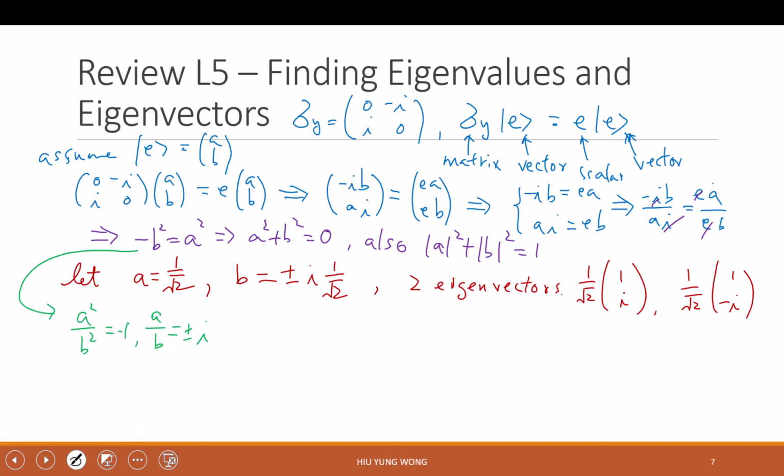So let me write it and then I remove it. I have a squared plus b squared equal to 1. And then I assume a equals 1 over square root 2. That is 1 over 2 plus b squared equal to 1, right? So b squared equals 1 minus 1 over 2, right? So b equals plus minus square root of the whole thing.